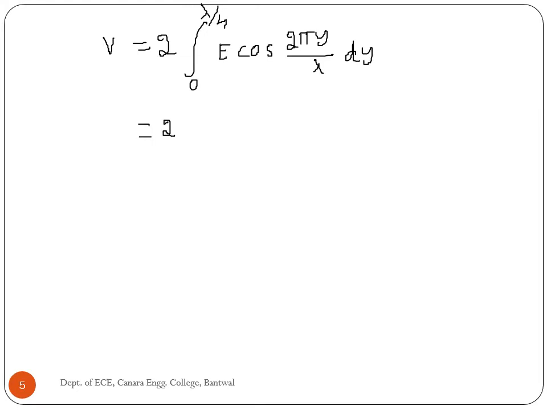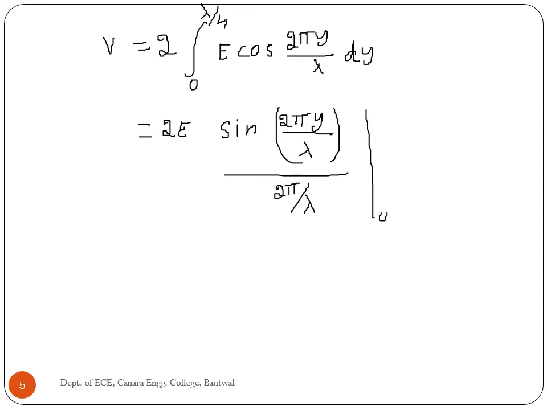Induced voltage V is equal to 2 times the integral from 0 to lambda by 4 of E cos 2 pi y by lambda dy, which is equal to 2E times the integration of cos 2 pi y by lambda, which is sin 2 pi y by lambda divided by 2 pi by lambda, with limits 0 to lambda by 4.